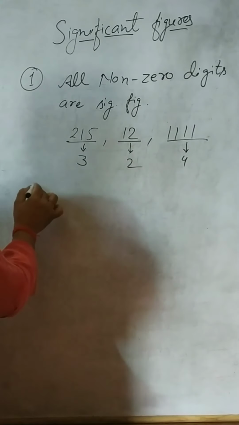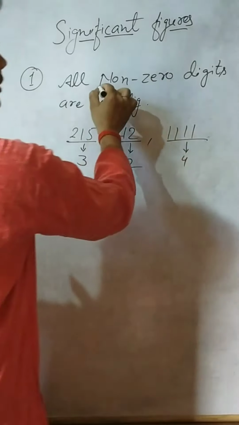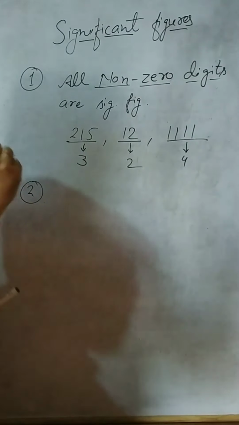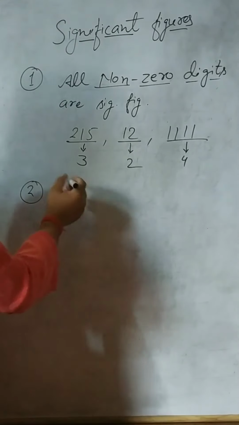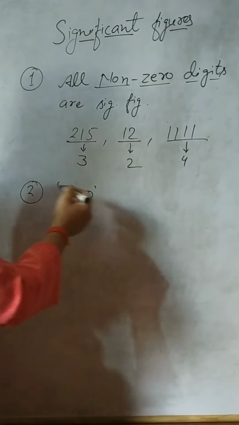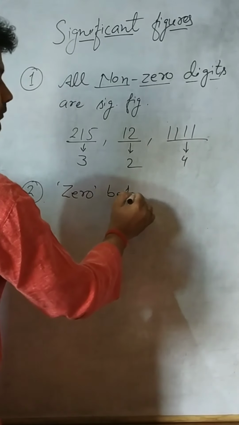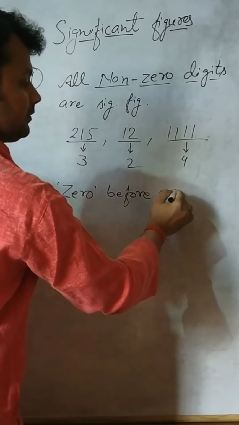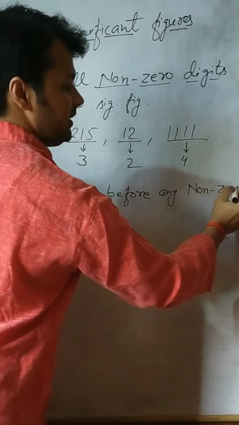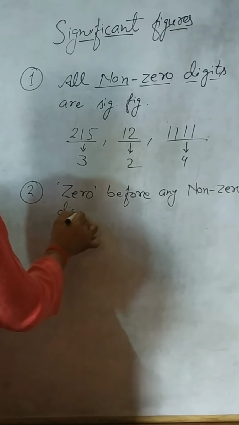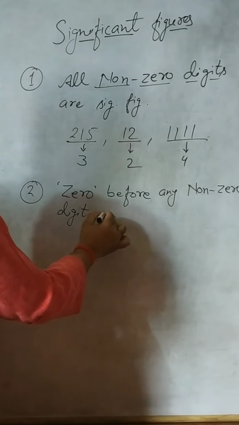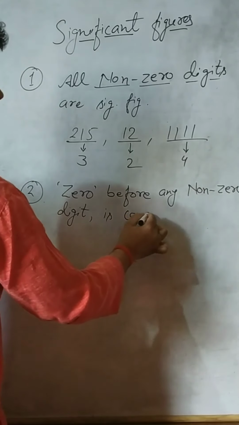The second rule says, now we have talked about non-zero digits, so what about zeros? The first rule about zeros is that if any zero comes before any non-zero digit, it is not considered a significant figure.